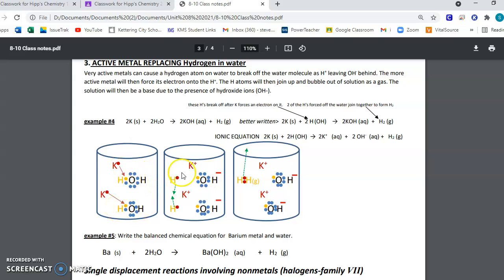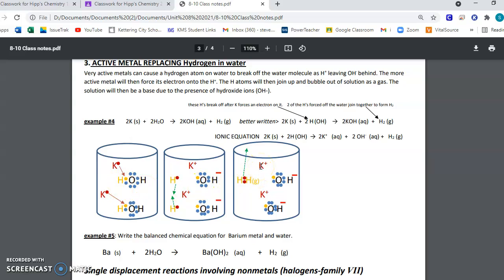What's going to happen? Well, these Ks are going to force their electrons onto the H. What happens to H's electrons? They stay with the hydroxide ion. There's OH minus. So hydrogen leaves its electron on the OH and is forced to take K's electron. So now we have K, who gave its electrons to the H's.